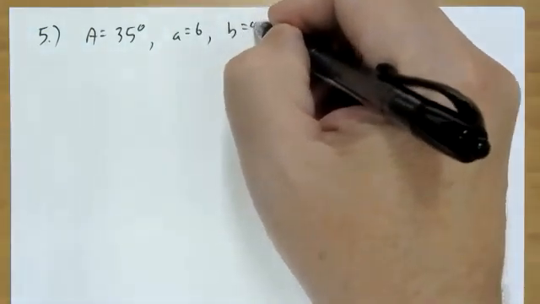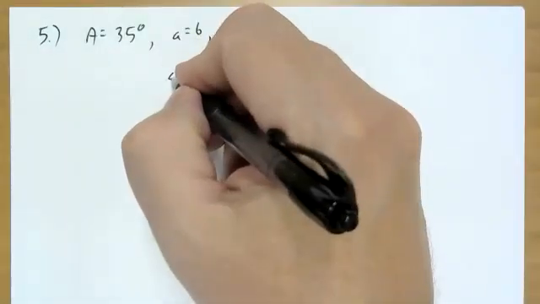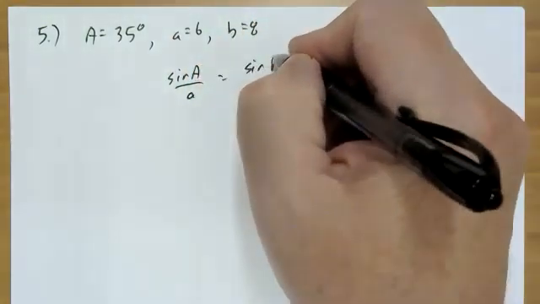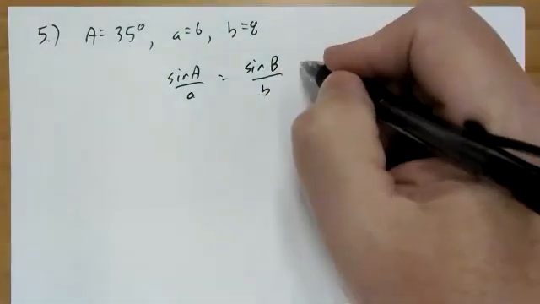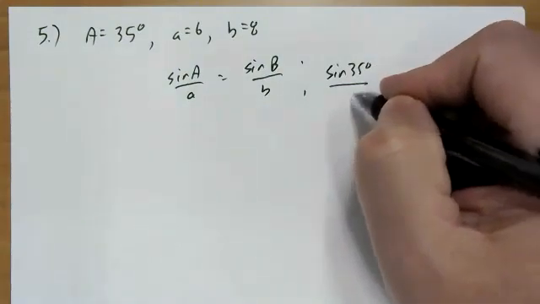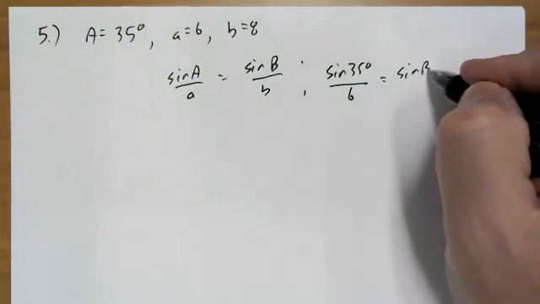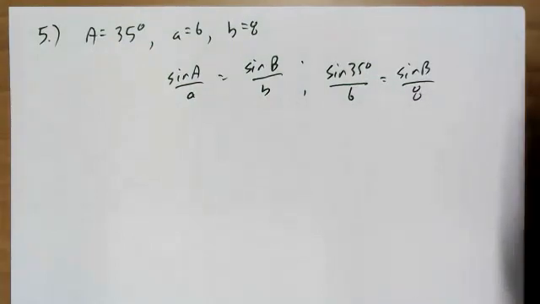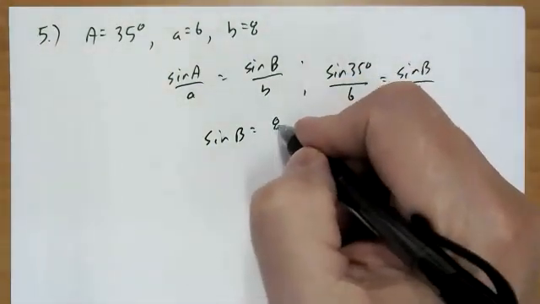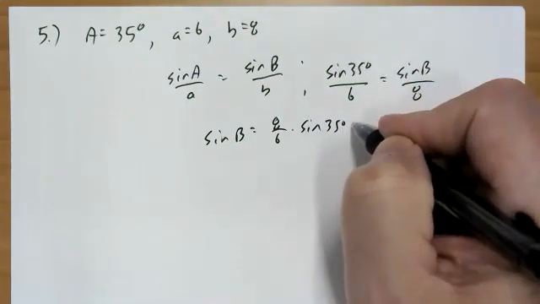Side B equals 8. Looks like angle side matching. So I'm going to use law of sines to find angle B. Sine 35 degrees over 6 equals sine angle B over 8. Sine of B equals 8 over 6 times the sine of 35 degrees.